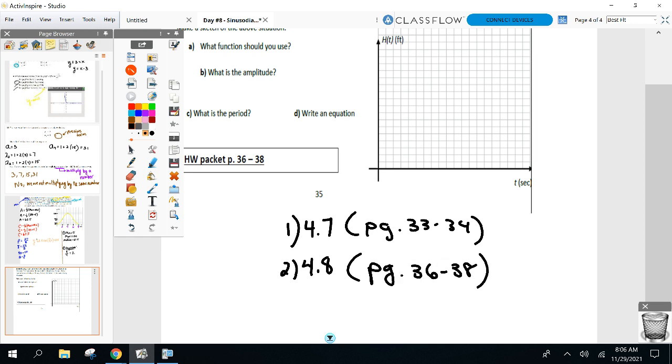If you want to work with somebody else, feel free, go right ahead. But let's get going here. Have your answer keys out as well. We're already done with the notes, so you do what you've got to do. Here we go.